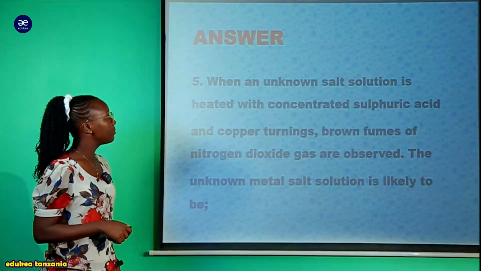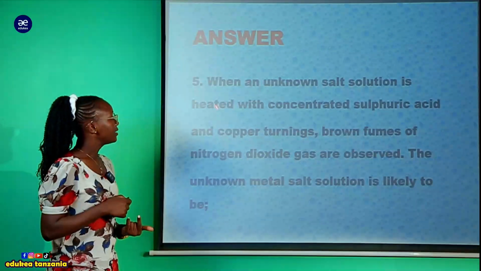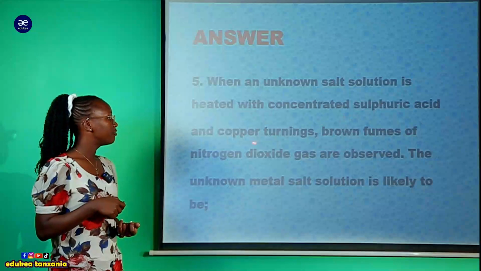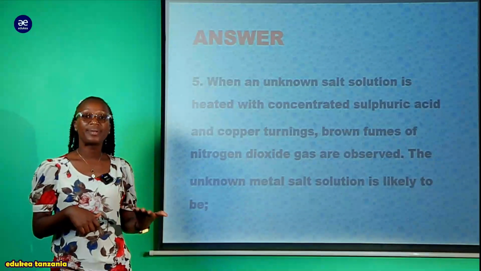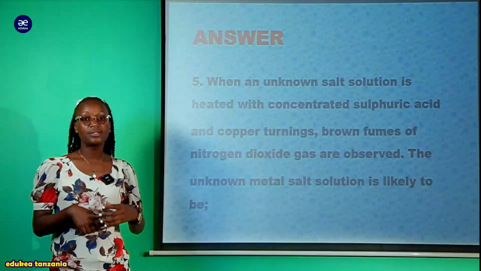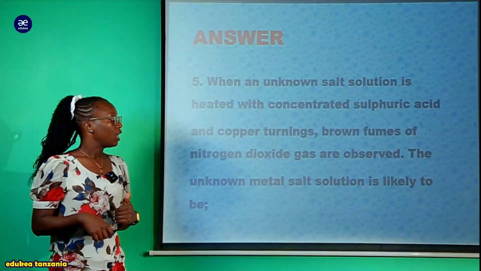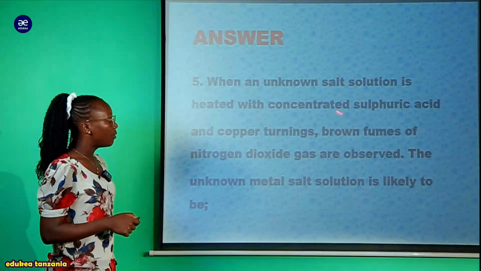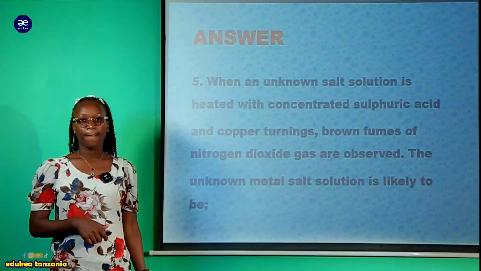So you can see that anasema unknown salt ilikuwa in form of solution is heated with the concentrated sulfuric acid and copper turnings. Kwa hiyo tunatakiwa ujue copper turnings inakuwa na color gani, ina display color gani, na ikiwa kwenye feature ipi. Okay, anasema brown fumes of nitrogen dioxide gas are observed.